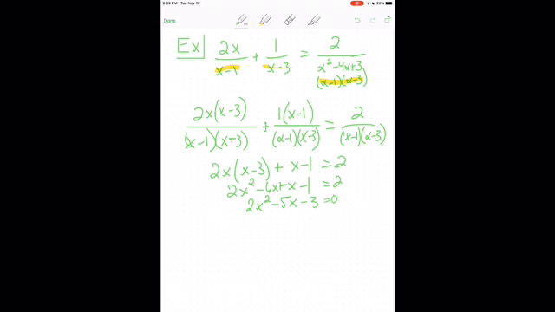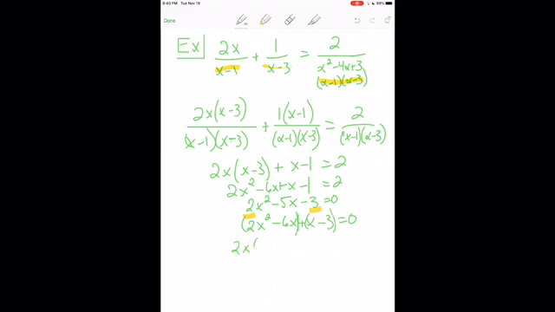Okay, factor by grouping. What multiplies to negative 6? 2 times negative 3 is negative 6. So what multiplies to negative 6 and adds to negative 5? That's going to be negative 6 and 1. 2x squared minus 6x plus x minus 3 equals 0. Now factor out of that, factor out of that.